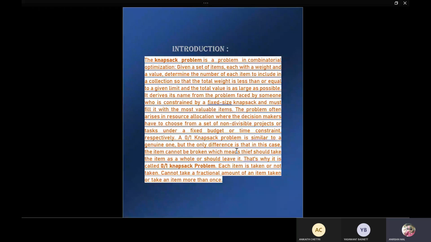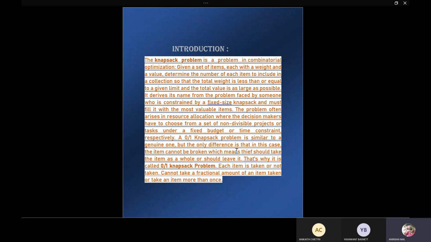The main motto is to extract the maximum value out of the weights, but the summation of the total weights must not exceed the target limit of the weight. This is how we solve a genuine knapsack problem.